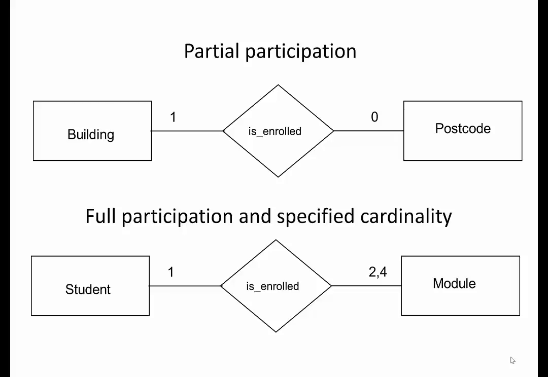So here we've got a building and then a postcode. Each building could have, that should actually be 0, 1 there, either 0 or 1 postcode, perhaps. So the 0 indicates that you could have no postcode.